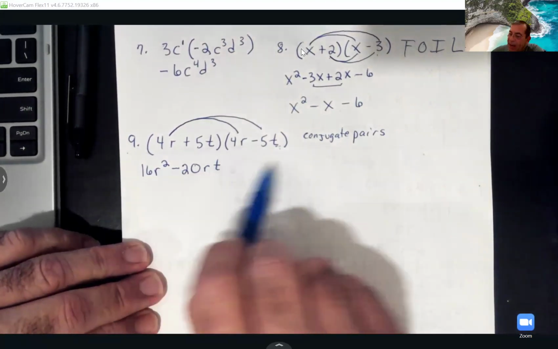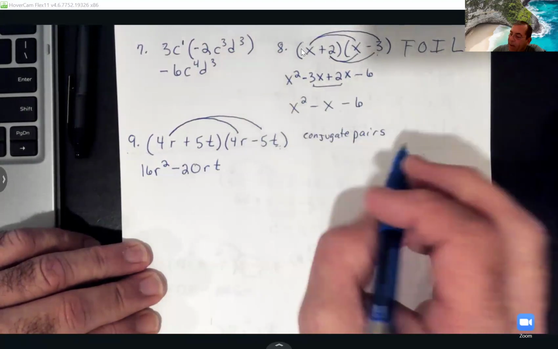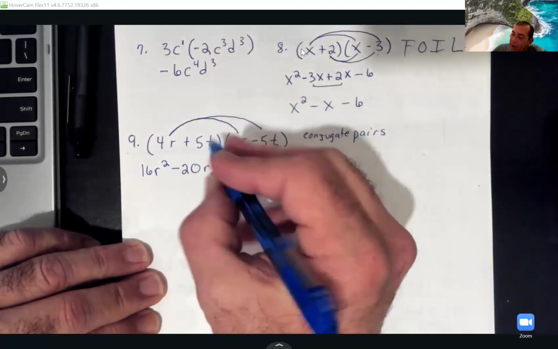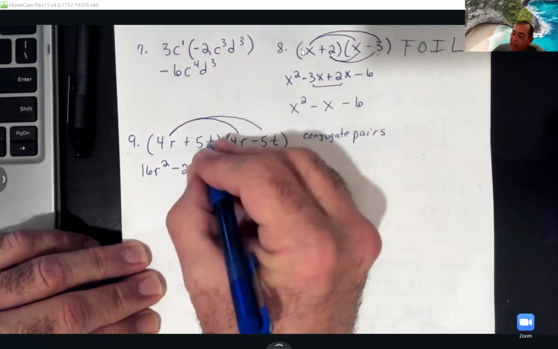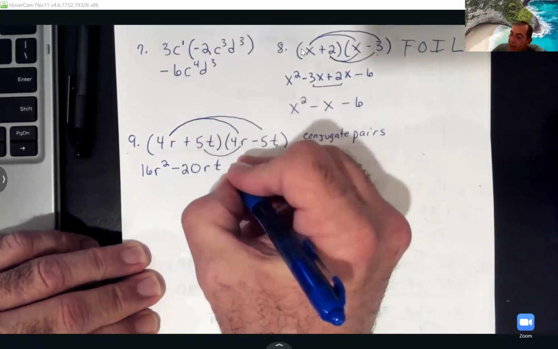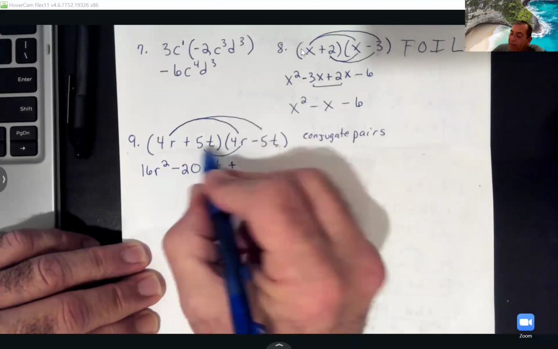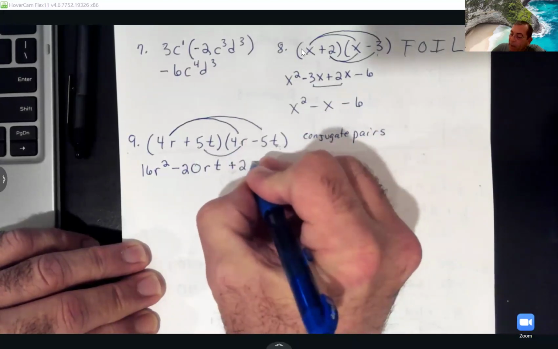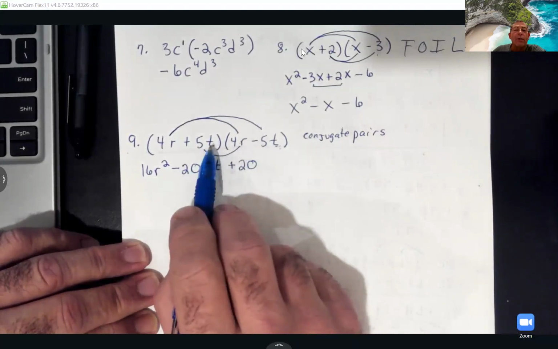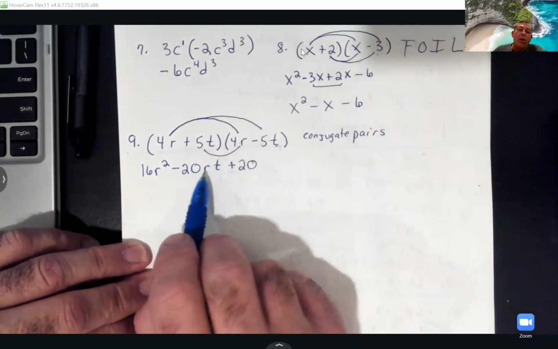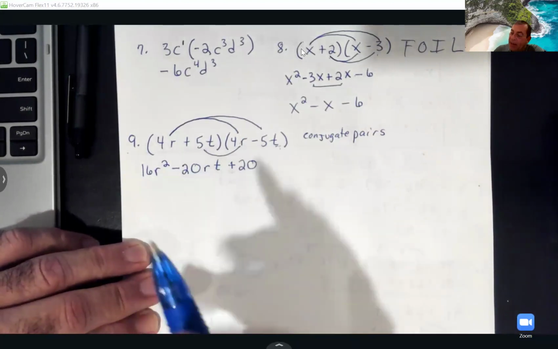Now let's see what's happening on the inside. So here comes the I and the L. 5t times 4r, that's a positive times a positive. That's going to give me a positive. 5 times 4 is 20. Now I'm just going to keep the letters in alphabetical order, because a tr and an rt are basically the same thing, okay?